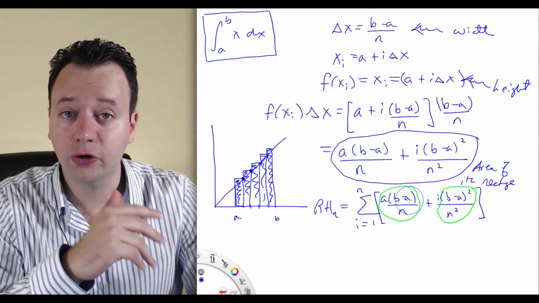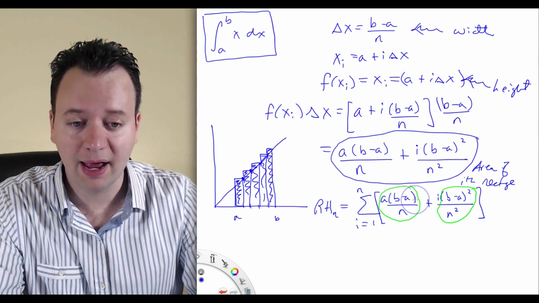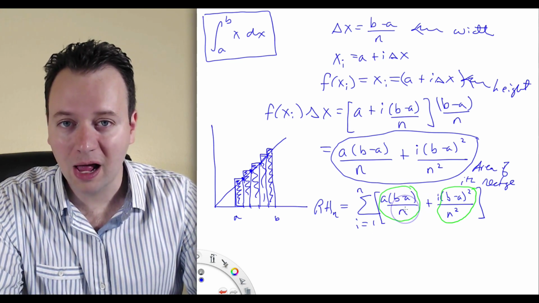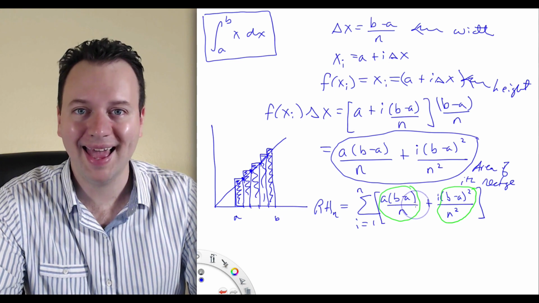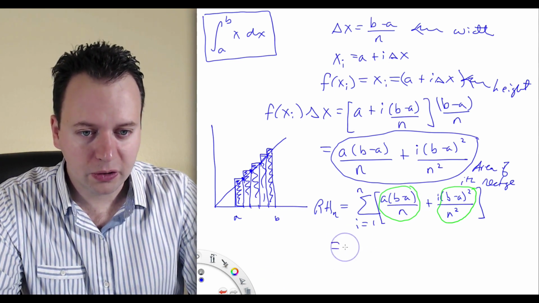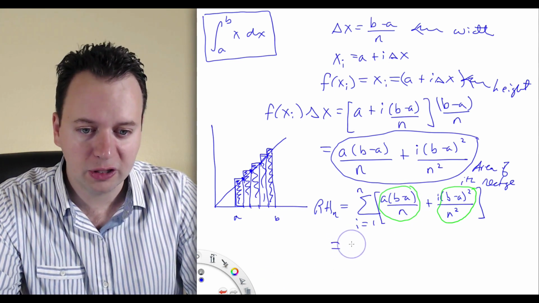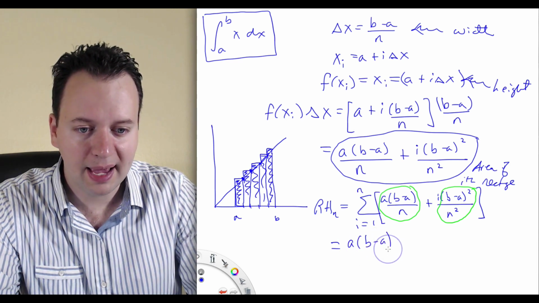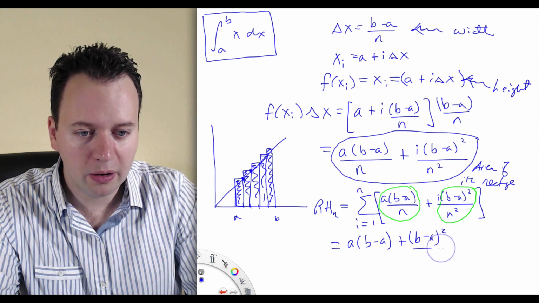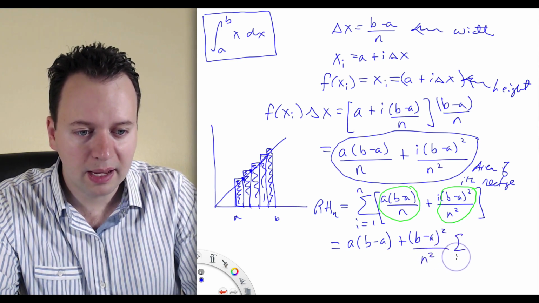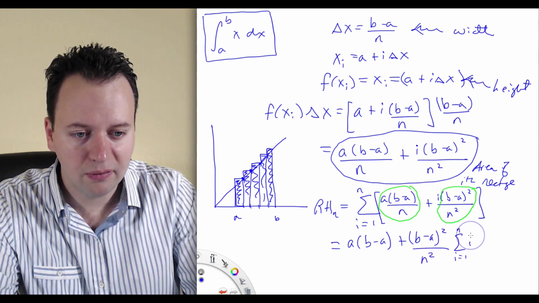So the first term is just a constant term, which is summed together n times. If I sum a constant together n times, I get n times that constant. So this is going to be a times b minus a, and then plus (b minus a) squared over n squared times the sum i equals 1 to n of i.